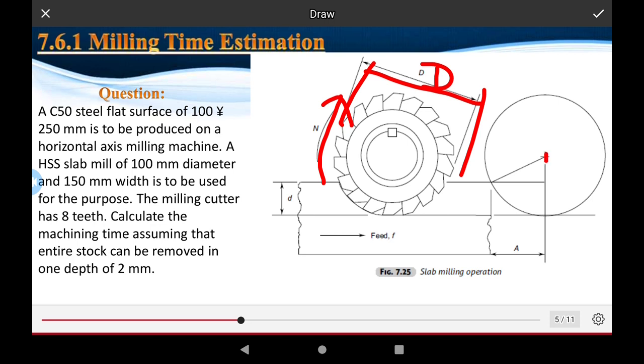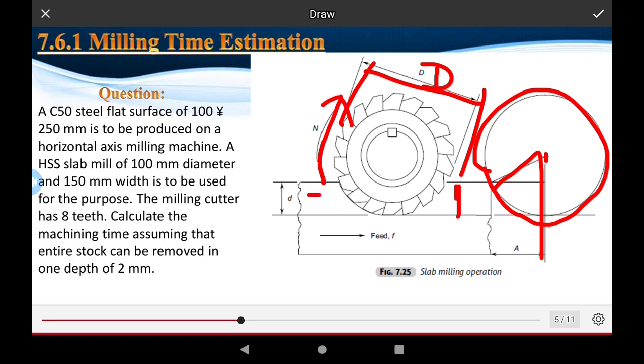This is the center point of the tool, which performs from the starting point of the work, and small d is the depth, a depth of cut of 2 mm, with z equal to 8 teeth, for the stainless steel slab milling operation.